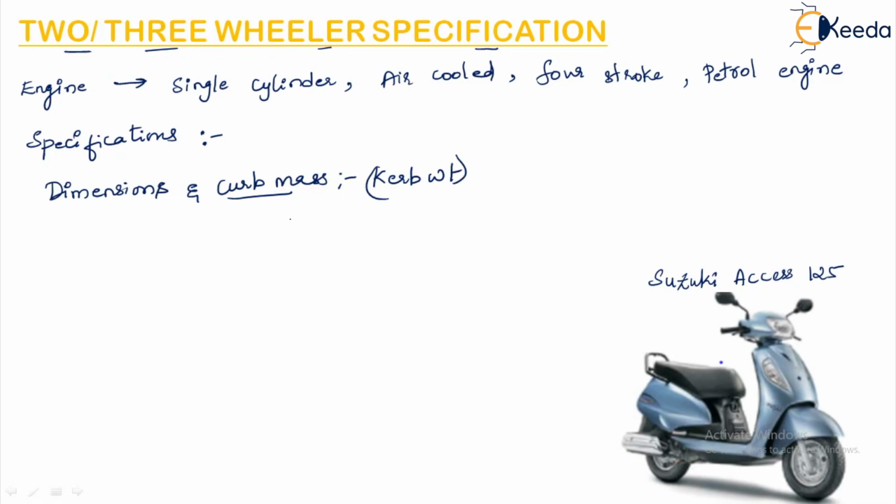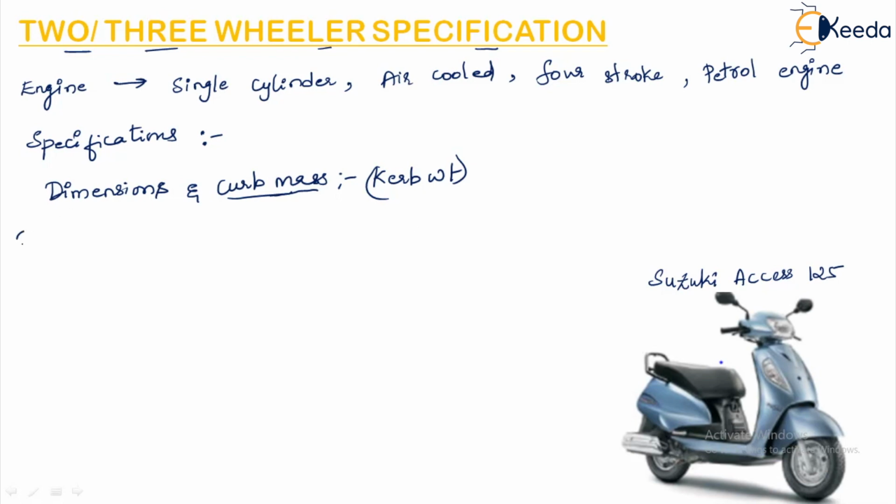So what is curb weight? Curb weight is the total mass of a vehicle with all the standard equipment and all necessary operating consumables such as the motor oil, transmission oil, brake fluid. So this mass not only includes the standard equipment of the vehicle but also the consumables like the oils which we are using in that vehicle.